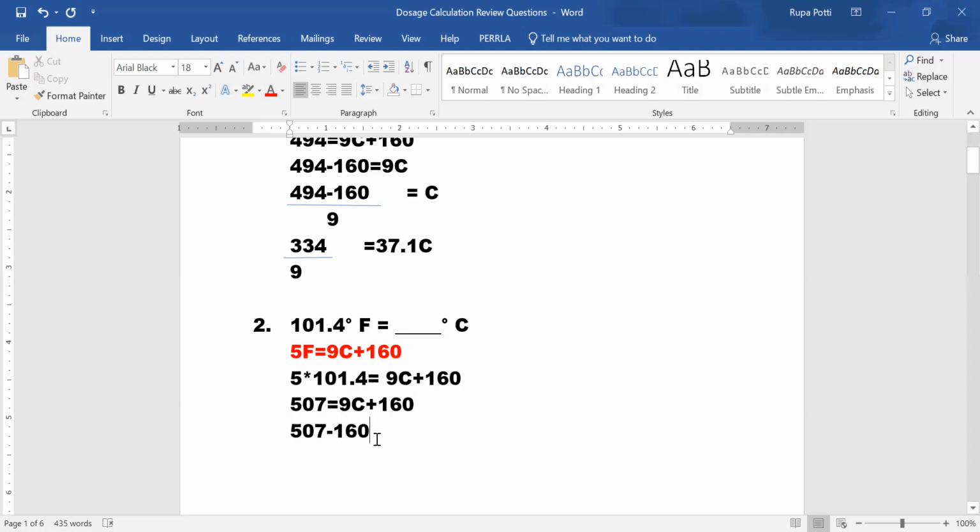So again, you're bringing 160 to the other side, right? And at the same time, you also can bring 9 to the other side. In this way, you will just leave the variable C on your right side. So you have 507, and then your positive 160 is becoming negative 160 here.